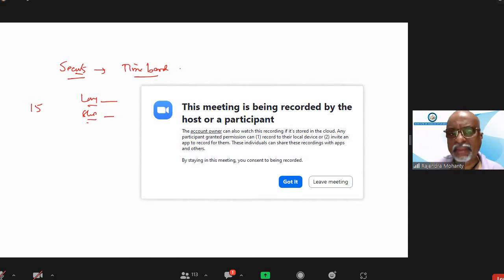Certain securities are in long position and certain securities are in short position, and they belong to the same time band.